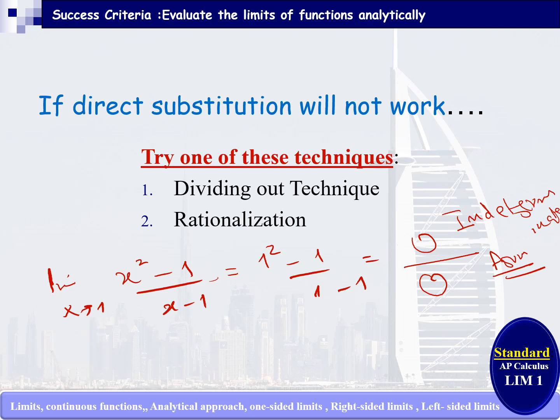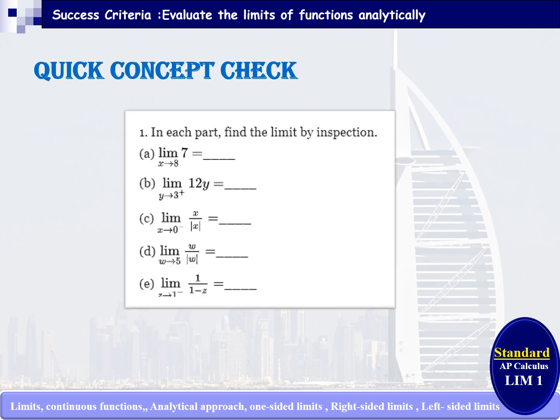So I have to apply the limit using the dividing out technique, which means factor first, eliminate the common factors, and then apply the limit. If this fails, then go to the rationalizing technique, which means multiply and divide with the conjugate of a certain function and then get the answer.